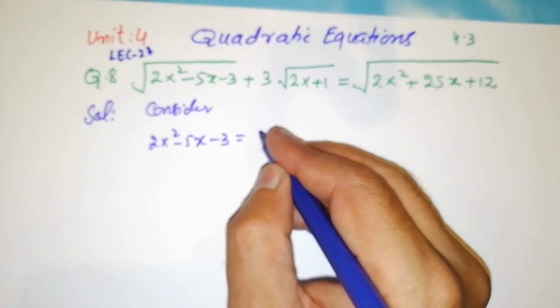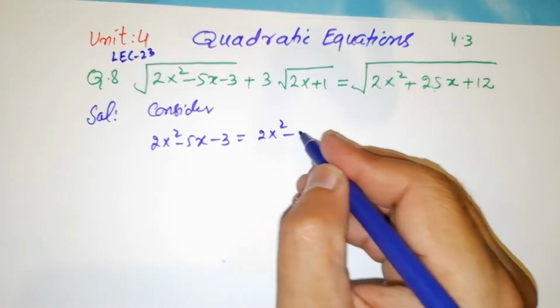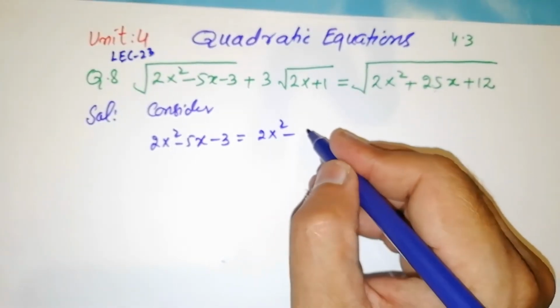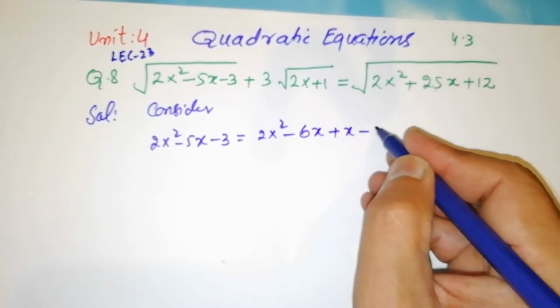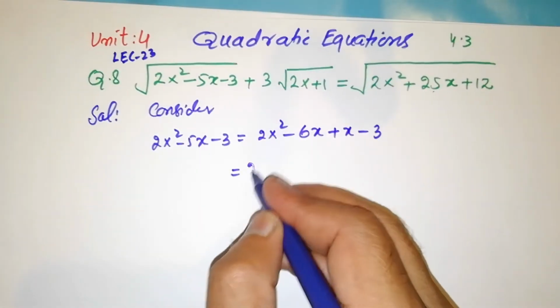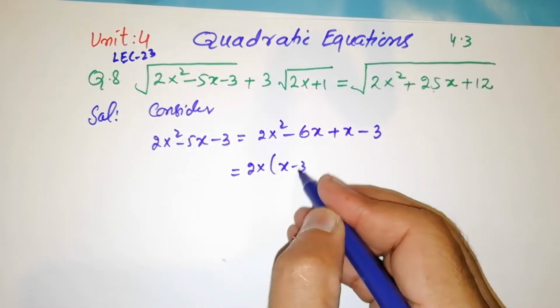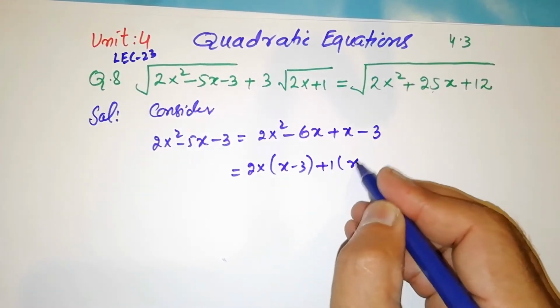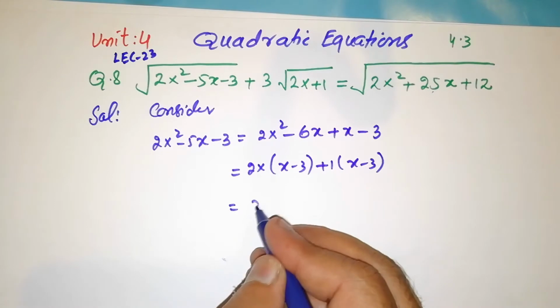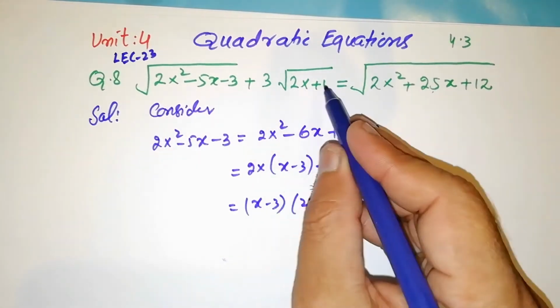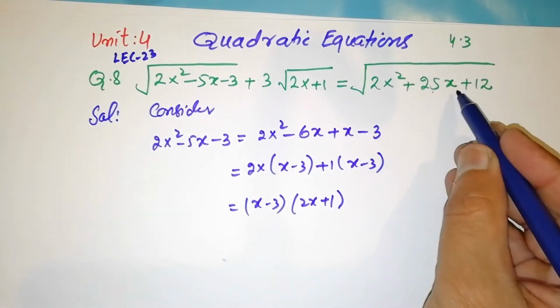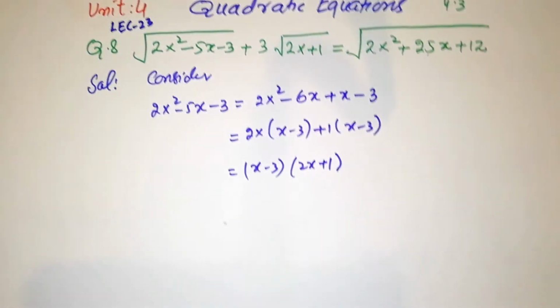Therefore 2x square minus 6x plus x and minus 3. So we can take 2x common, so we have x minus 3 plus 1 and x minus 3. Therefore x minus 3 and 2x plus 1. Okay, this is linear factor and here this one, इसको भी हम फैक्टराइज करते हैं.